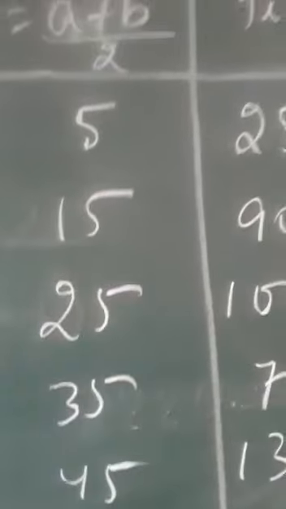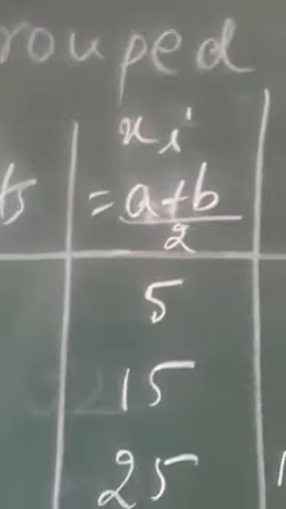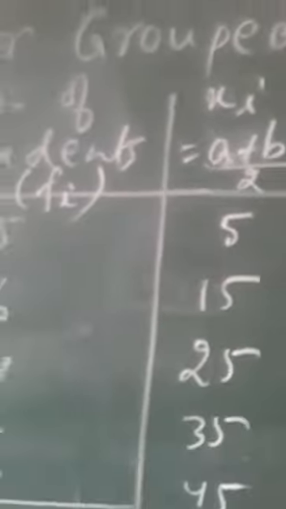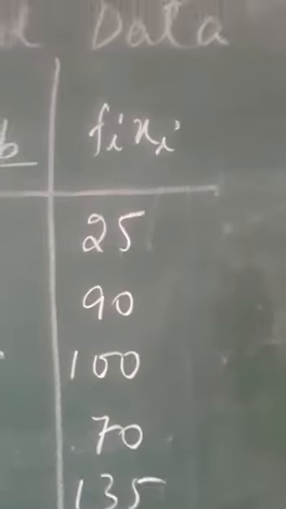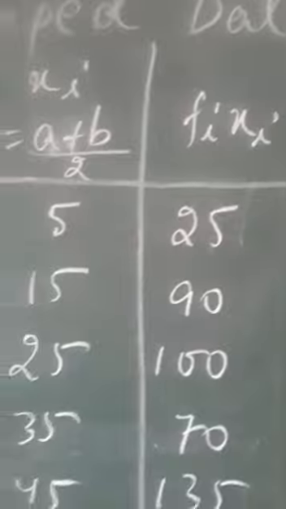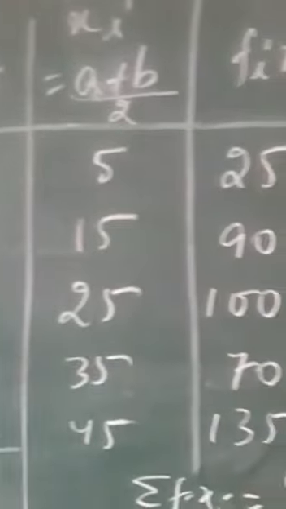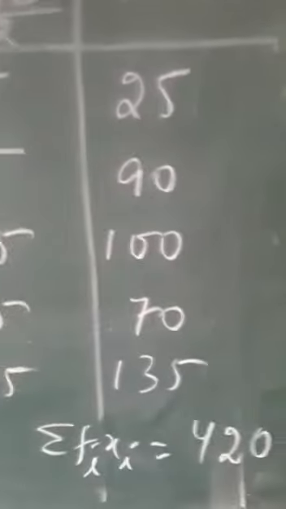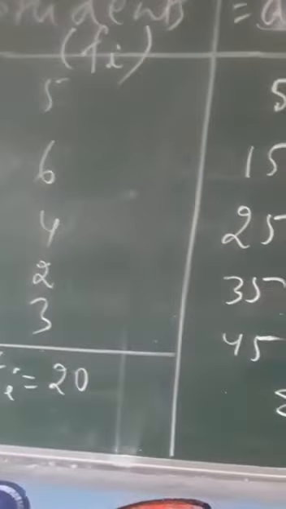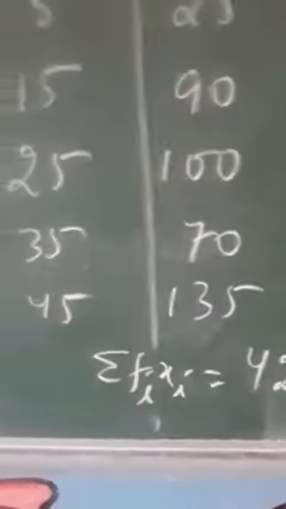After obtaining all the class marks, which represent xi, and the value fi, the corresponding frequency for each class interval, we have to find the product of fi and xi to get a new column. 5 multiplied by 5 gives 25. 6 multiplied by 15 gives 90. 4 multiplied by 25 gives 100. 2 multiplied by 35 gives 70.